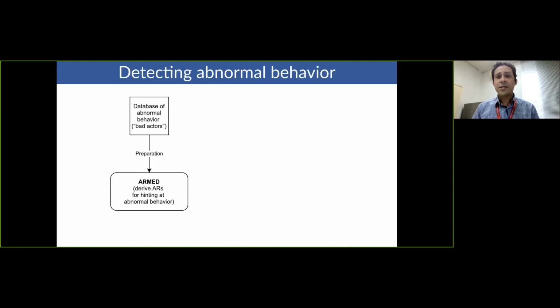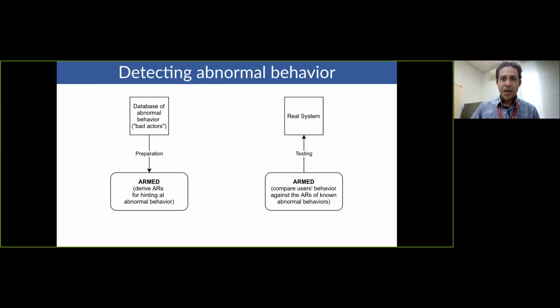For the scenario on detecting abnormal user community behaviors, there are two ways in which ARMAD could be applied. If some sort of database of actions that would flag a user as a bad actor is available, then the application would be very straightforward, as we could use ARMAD to derive rules for hinting at abnormal behavior and compare them against the behavior of all the real users.